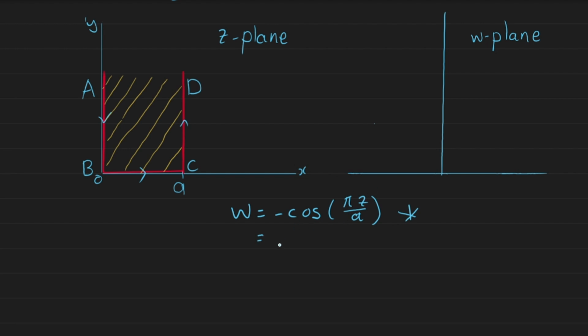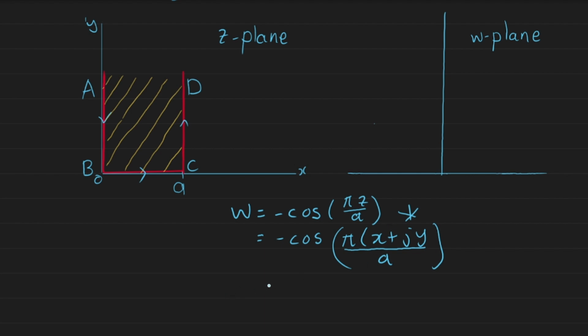We know that z is equal to x plus jy, and we will substitute that in. So when we do that, we get pi into x plus jy, and then divided by a.